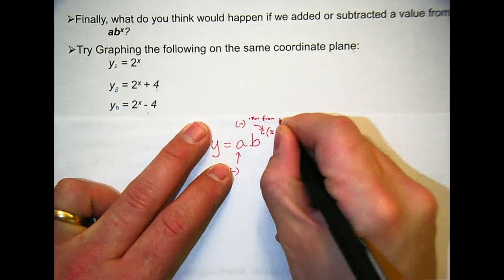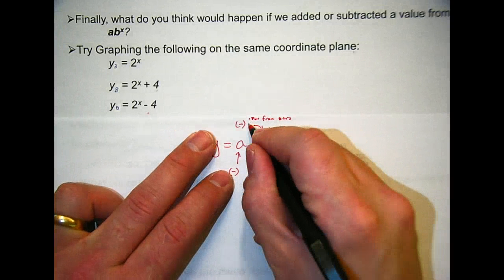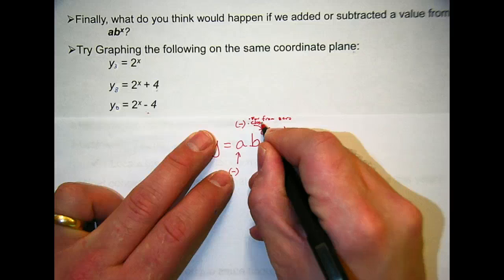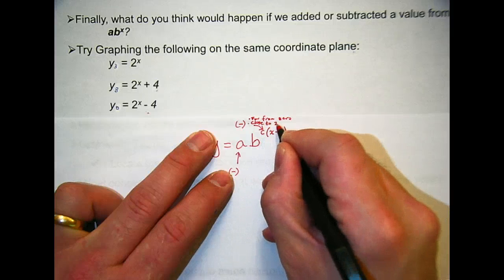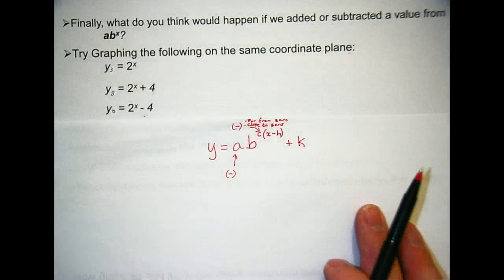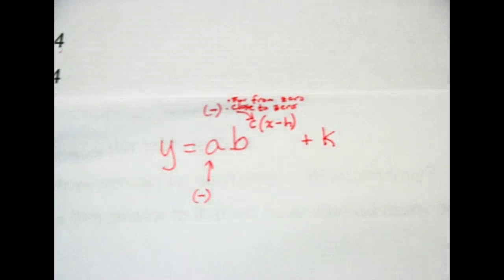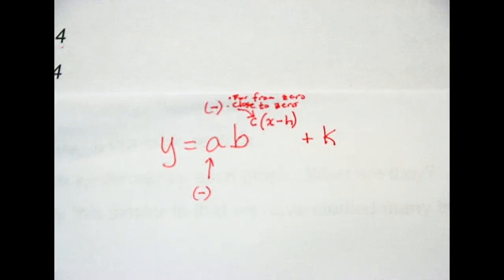Or what happens as it moves away from 0. You may summarize like the closer you get to 0, the wider the graph is. All right, that's kind of small there. You should know what h does, what type of shift h makes, and what type of shift k makes.